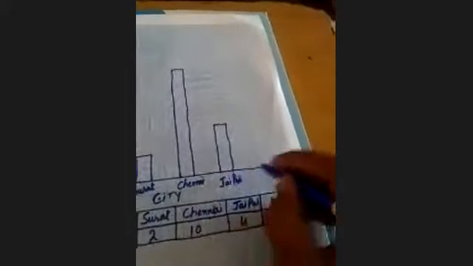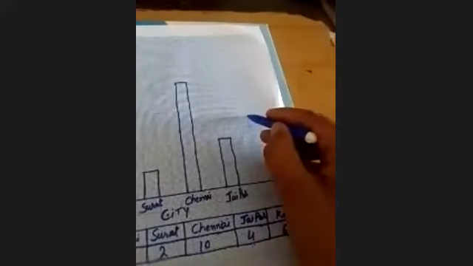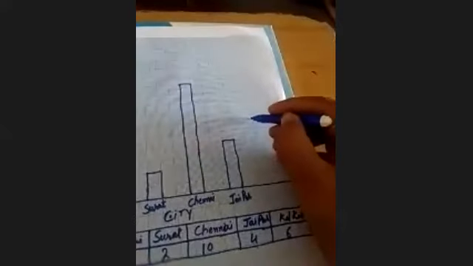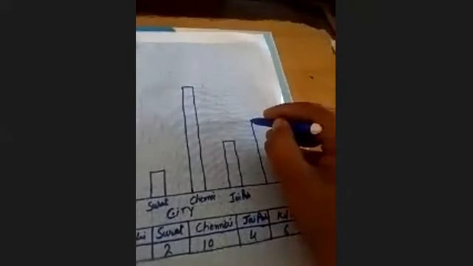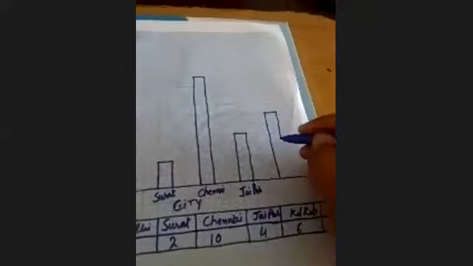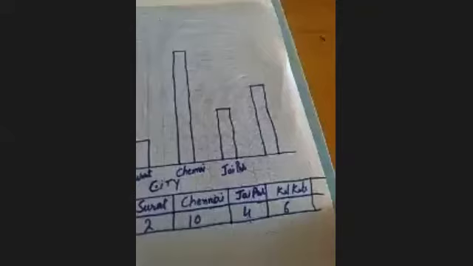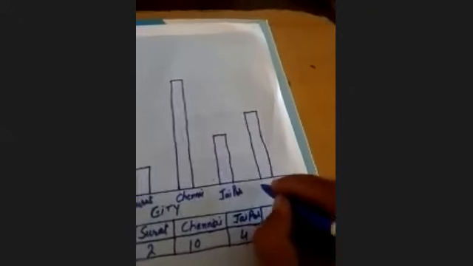In Kolkata, we have 6 salesmen. 6, up to 6. We draw a bar up to 6. This is Kolkata.